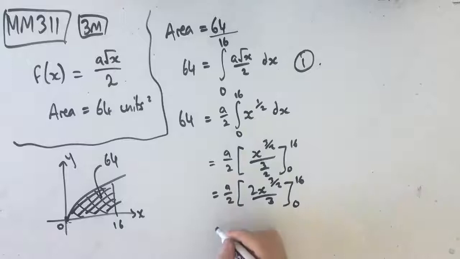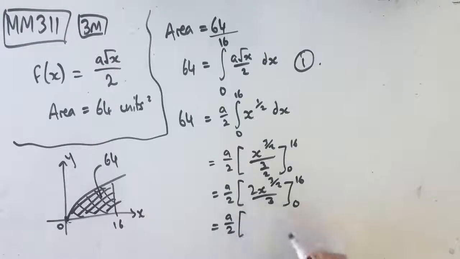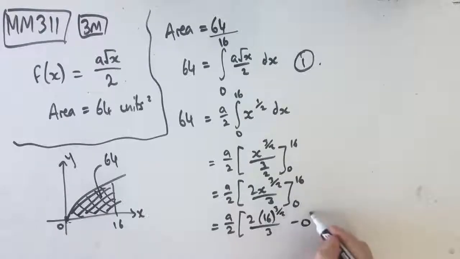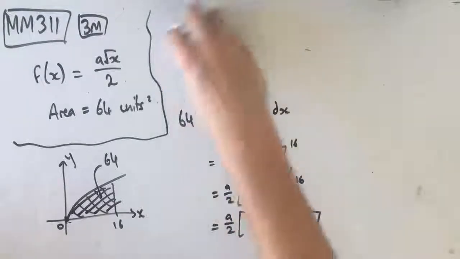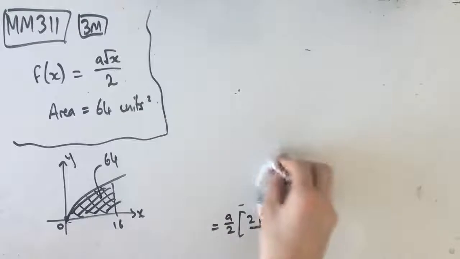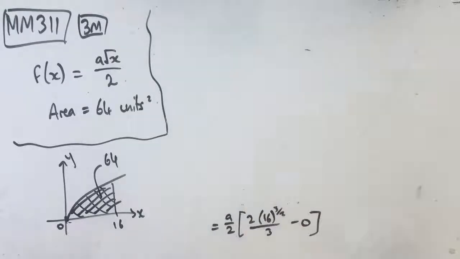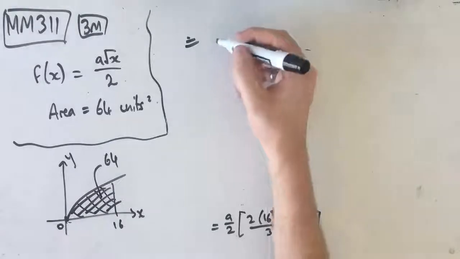So from here, we can sub in our values of 16 and 0. So we get 2 times 16 to the 3 on 2 over 3, and then minus 0, right? Cool. So let's move back up here. We don't have our calculator here, so the best thing to do would be to simplify that.